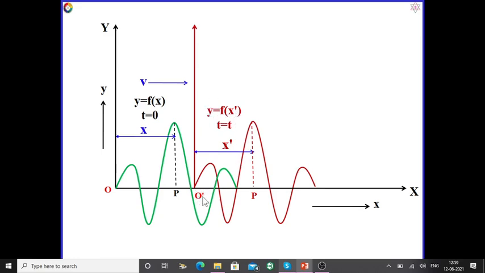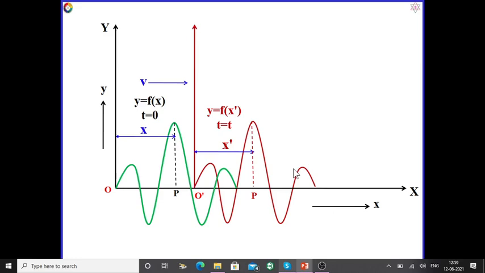Because as we are considering O dash, it will be x dash because the distance is x dash. So for O dash the distance is x dash, so the function can be written as: the displacement y at P will be f of x dash, right? So at time t, this is the scenario.